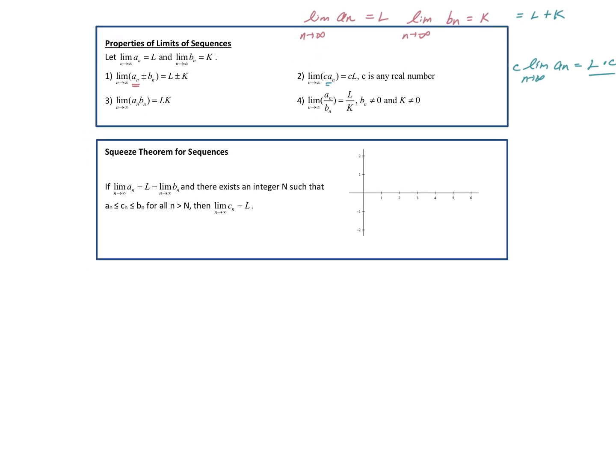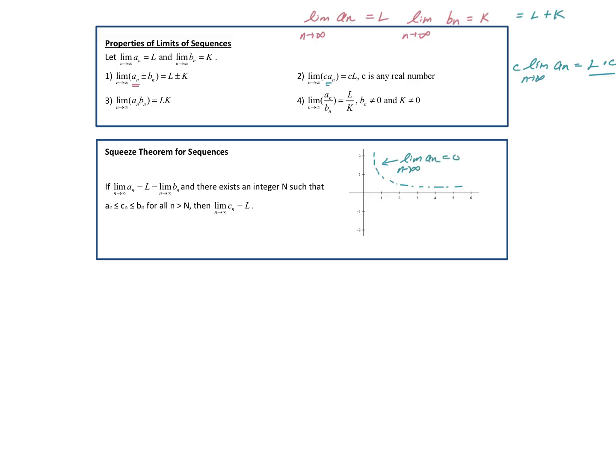Squeeze theorem, we did this last year a little bit. I know that we struggled with it, but the squeeze theorem says that if we know the limit of, let's say, a sub n, so I'm going to draw a sub n up top. Let's say we knew a sub n converged to 0. So the limit as n goes to infinity of a sub n equals 0.